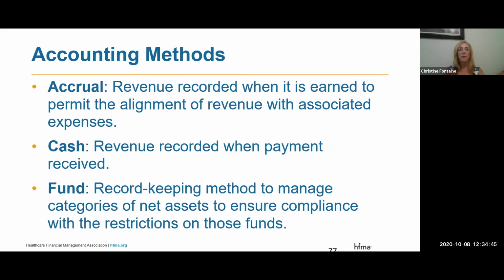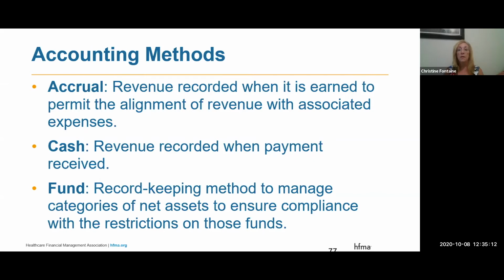Okay. Accrual accounting methods, I think these are pretty easy to see. Accrual is recorded when it's earned. So I may have an expected revenue that's going to come in. Maybe I signed a contract. Think about technology vendors, right? You signed a contract with a new vendor that's going to provide you with, say, eligibility services.